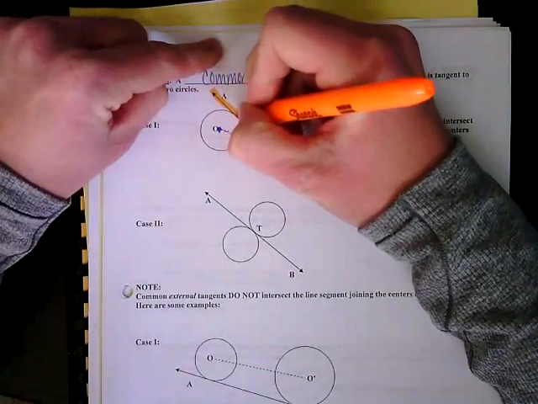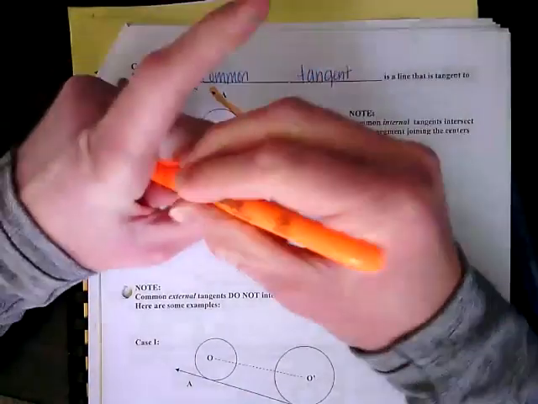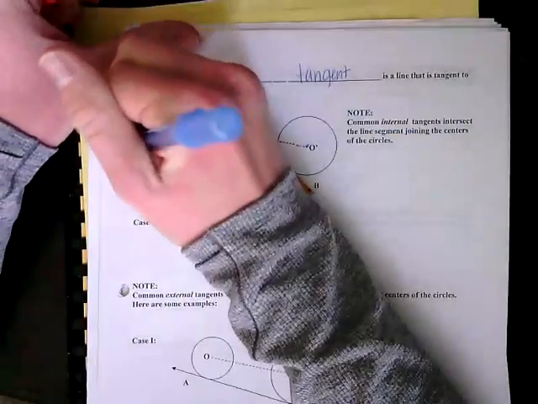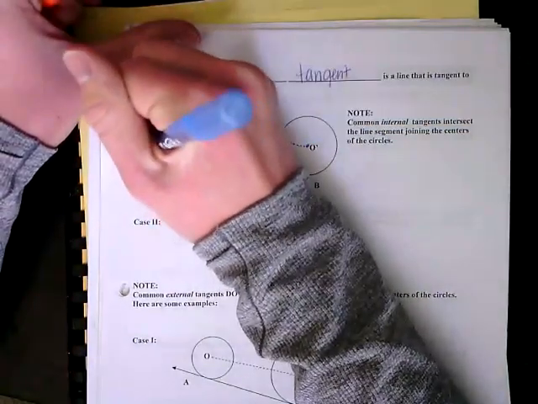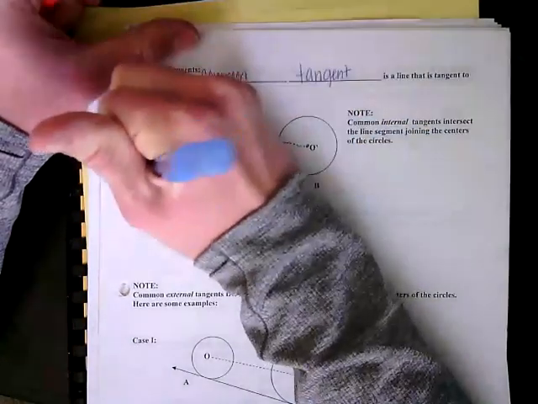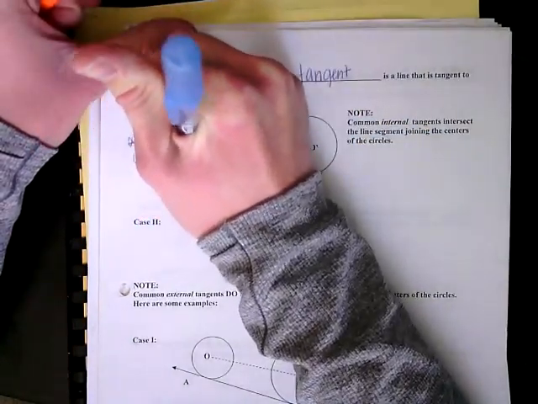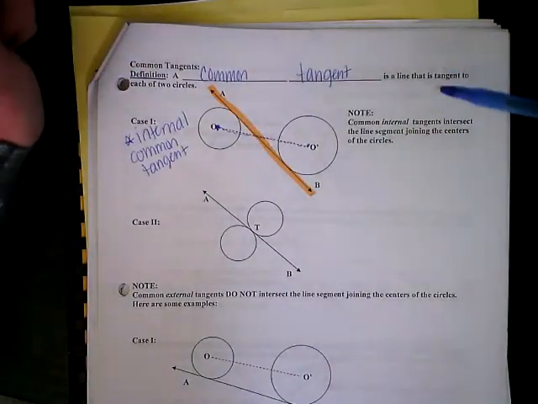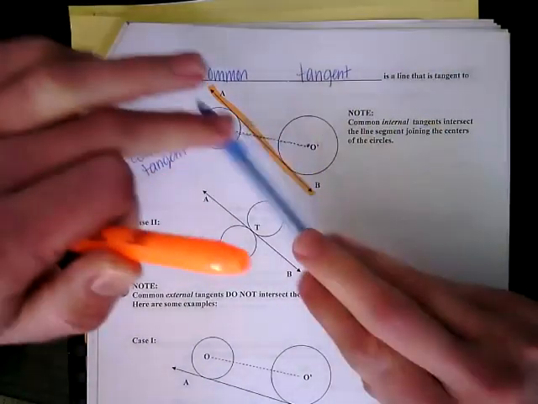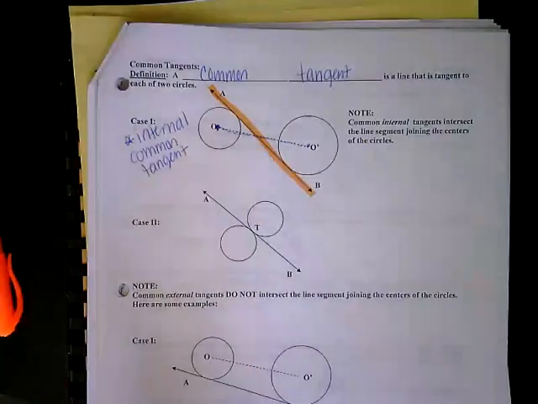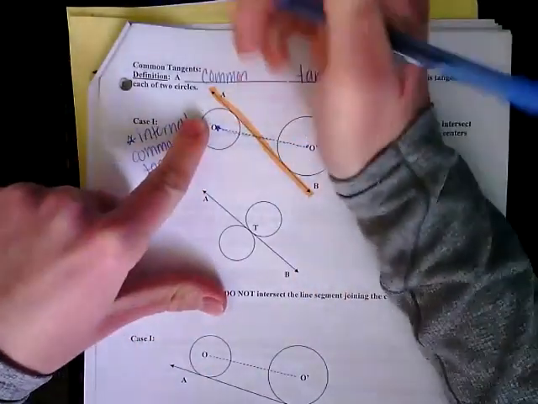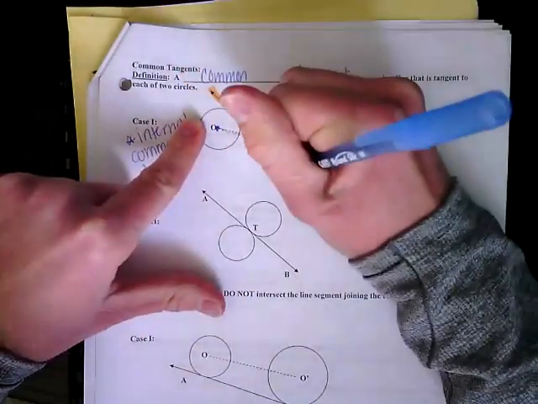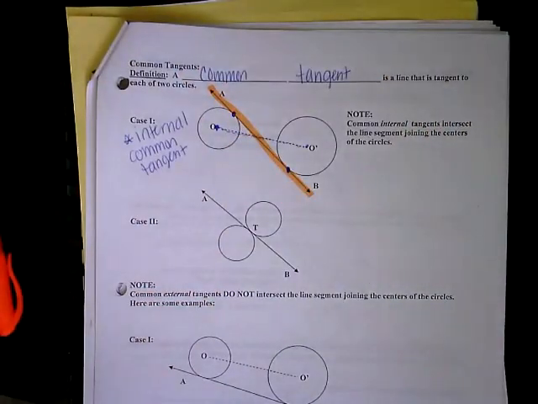Now AB is an internal common tangent because it is kind of inside the circles, if you will, and it's touching both of the circles.